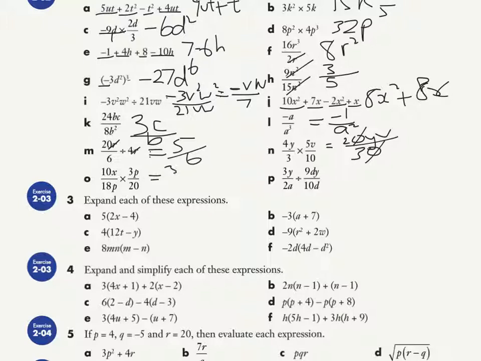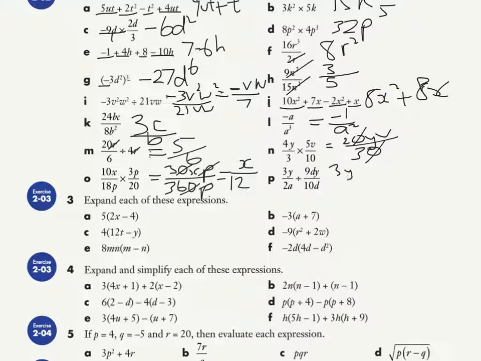O, 30xp over 360p, the p can cancel, the zeros can cancel, 3 goes into both once, so you're left with an x on top, and 12 on the bottom.